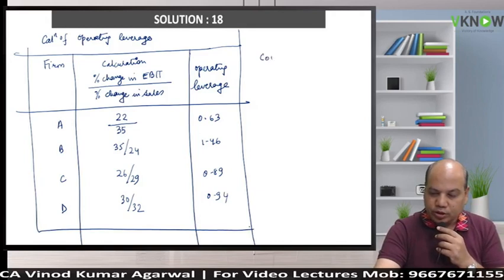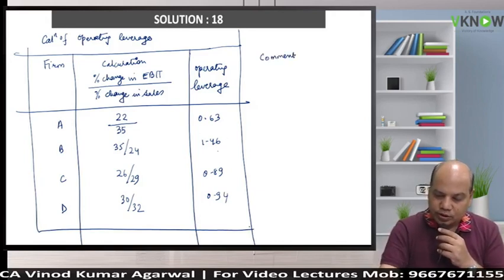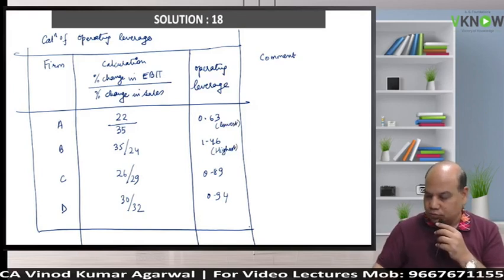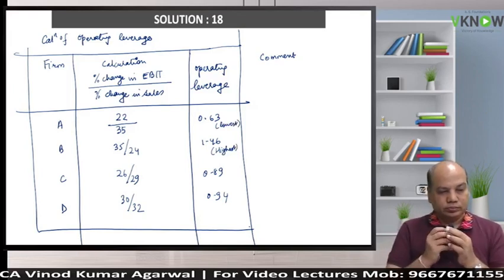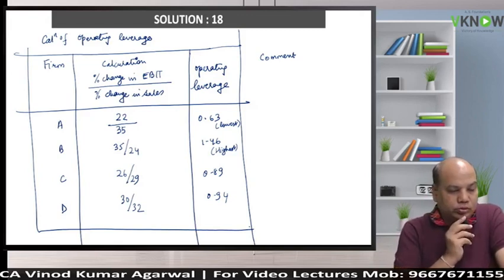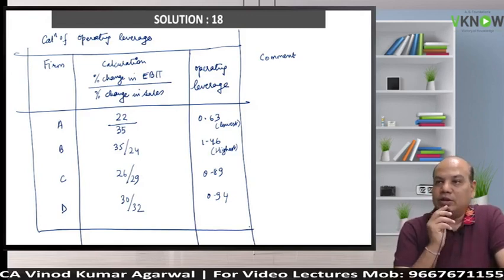Below that you have to write comment also. This is highest, B, and I think A is lowest. So write down comment. I'll dictate. Write comment dash.